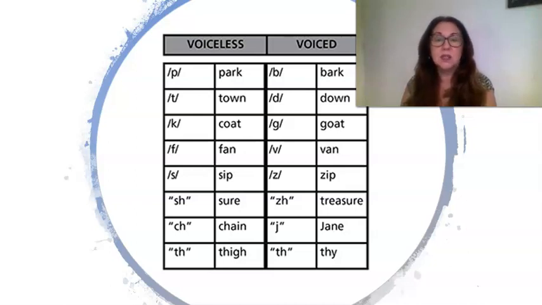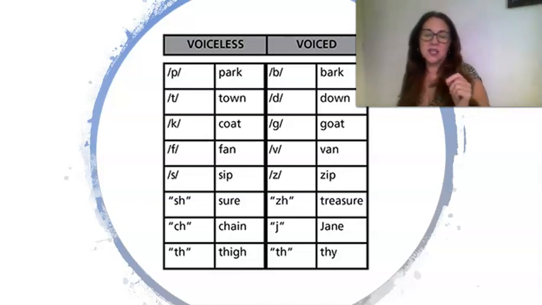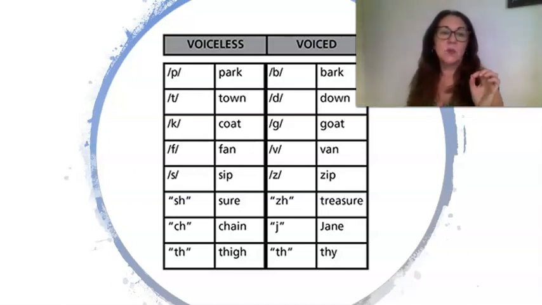In English, to pronounce park correctly, you have to put your lips together. And the same happens with the sound B, bark. This place of articulation is the right one for the sound B.